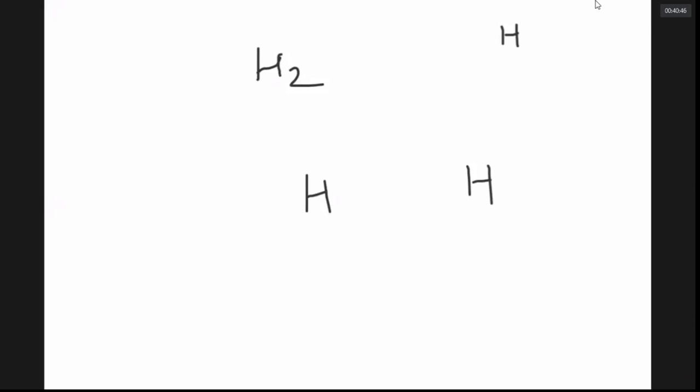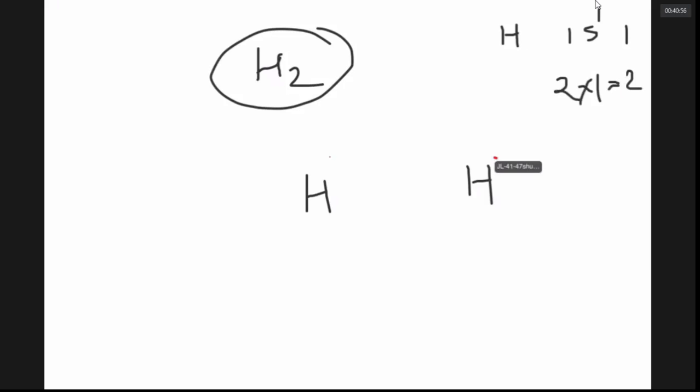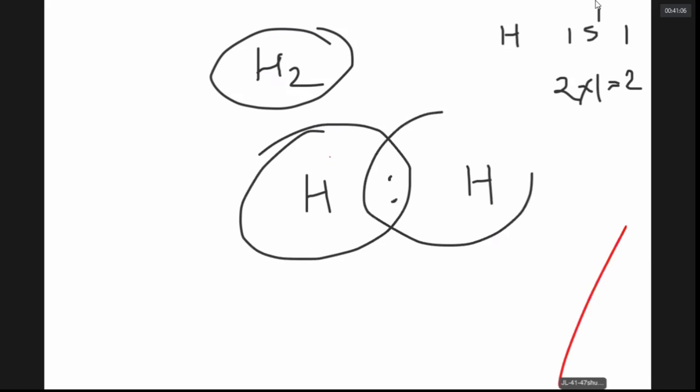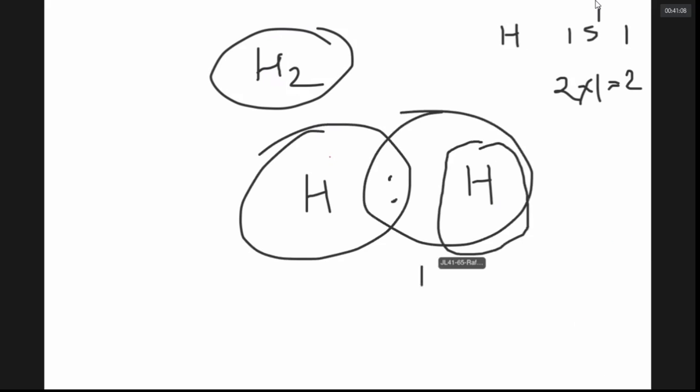You know, hydrogen's electron configuration is 1s1. It means each hydrogen has 1 electron. So 2 hydrogens have total 2 valence electrons. These 2 electrons you write as an electron pair between these 2 atoms. It has 2 electrons like helium. So this is the Lewis way of writing H2.